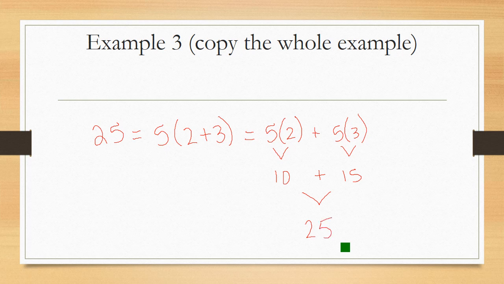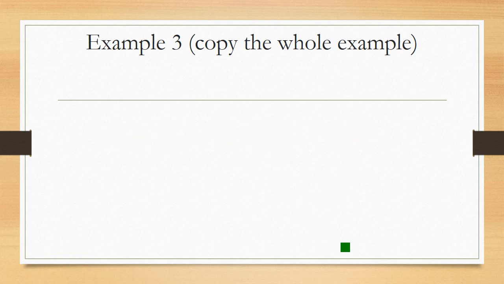So there are 3 different ways that I can write a number in the distributive property. Let's go back to 16, which is example 3. I can write 16 as a whole number.